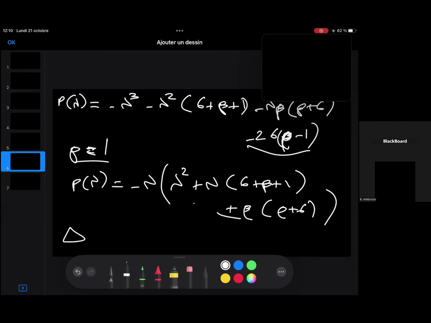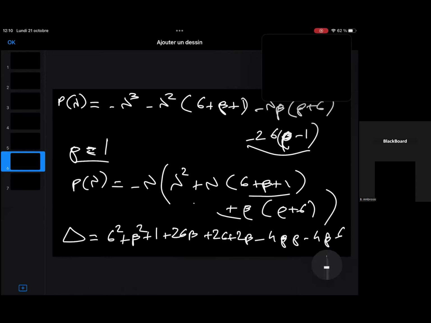Well, and then let's compute the delta here. So the delta here would be this square. So sigma square plus beta square plus 1 plus 2 sigma beta plus 2 sigma plus 2 beta minus 4 beta rho minus 4 beta sigma. All right. And so this doesn't change.